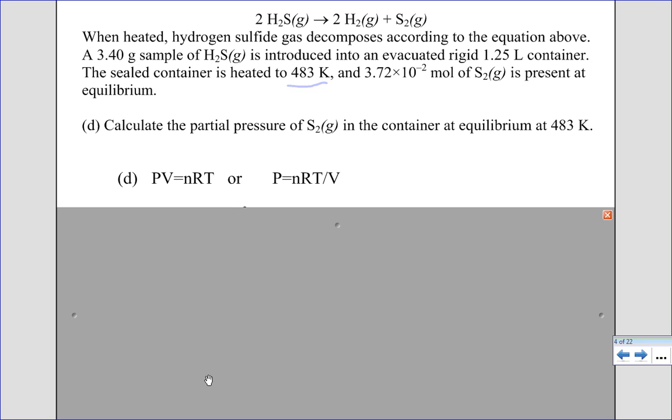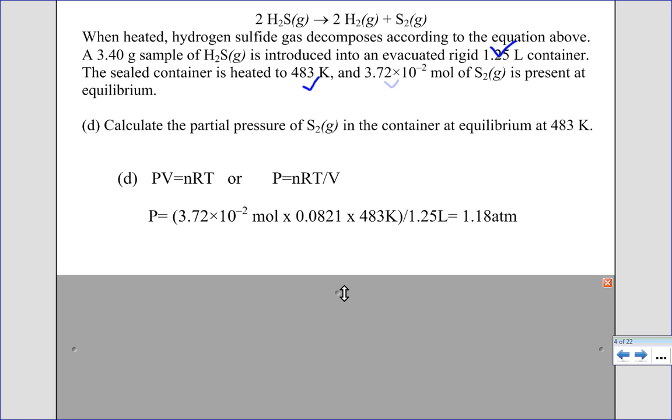And with a little algebra, change it so that I'm solving for pressure. That's what this is. And then I substitute in my moles, my R, my T, and my V. So plug them in, and I find out that the partial pressure of S2 is 1.18 atmospheres.